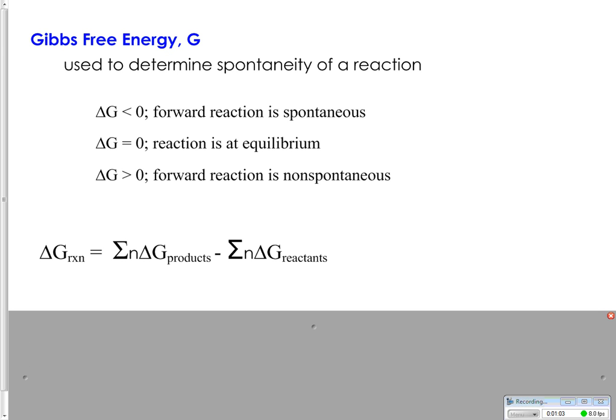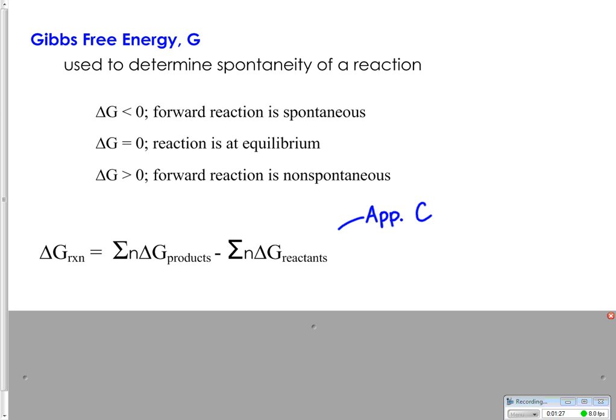Now, delta G for a reaction is calculated the exact same way that the other two thermodynamic quantities we've talked about are calculated. So if you remember with delta H and S, we calculate them by doing the sum of the products minus the sum of the reactants. And again, all of these values are found in Appendix C in your textbook.